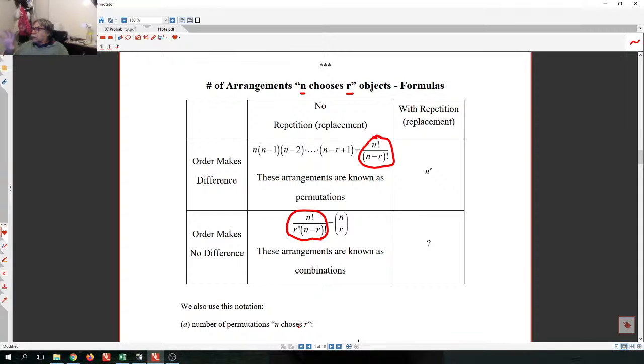So we said you can put someone on the first place, there are 8 of them, someone on the second place, 7 of them, someone on the third place, 6 of them remaining, and then when you multiply these 3 numbers, you get the total number of different choices you can have for the Olympic podium. So those are permutations because it matters who is first, who is second, who is third, right? And if that would not matter, then it would be combinations. So we have this table, so we have formulas, we can calculate that.